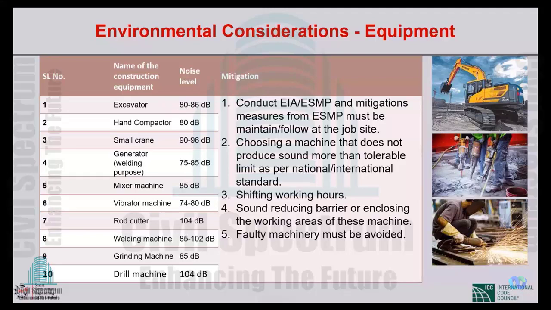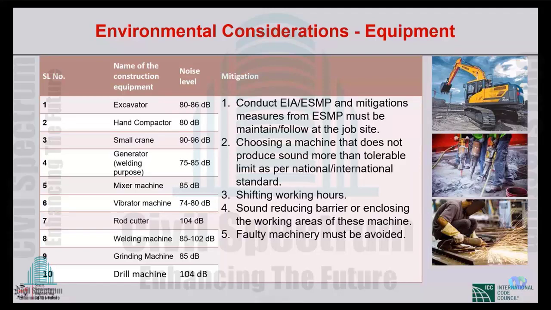So what we do, the mitigation for these equipment when they're being used in the construction sites. First of all, we're going to talk about EIA and ESMP later in our presentation, but let's just mention those names to you. Conduct EIA or ESMP, and mitigation measures from ESMP must be maintained or followed at this job site.